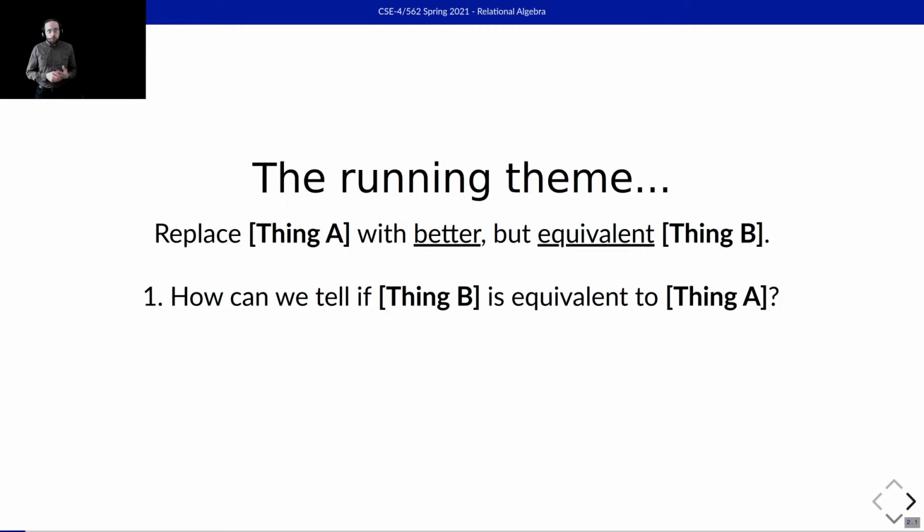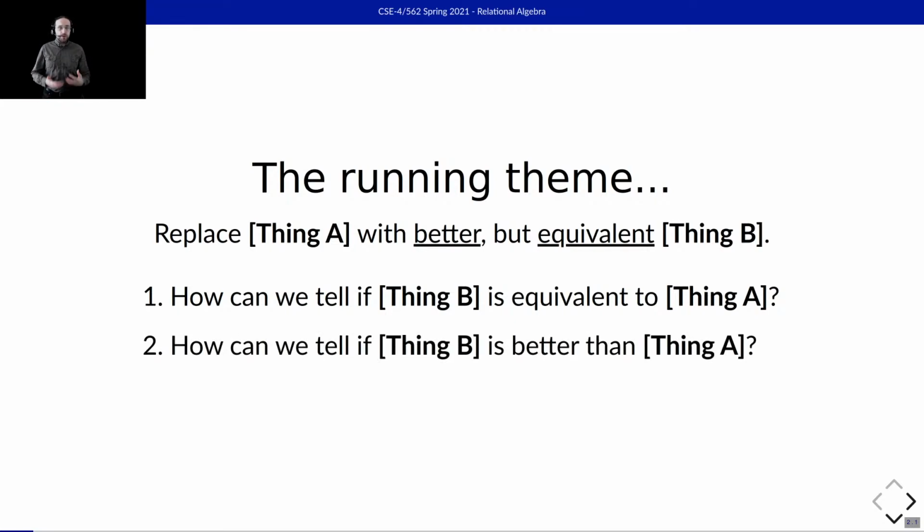First off, what is the space of allowable thing Bs? If we're trying to come up with a better algorithm or a better implementation of what the user is asking us to do, we actually need to know what our design space is. Once we have that, then we need to figure out which point in that design space is the right one given the specific requirements and constraints of the user.